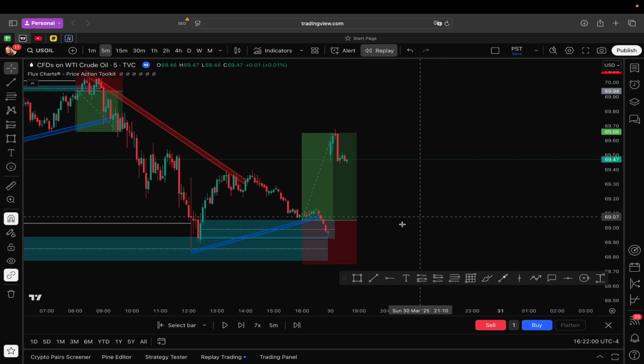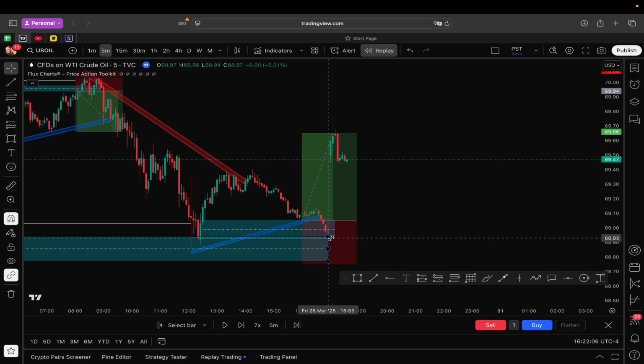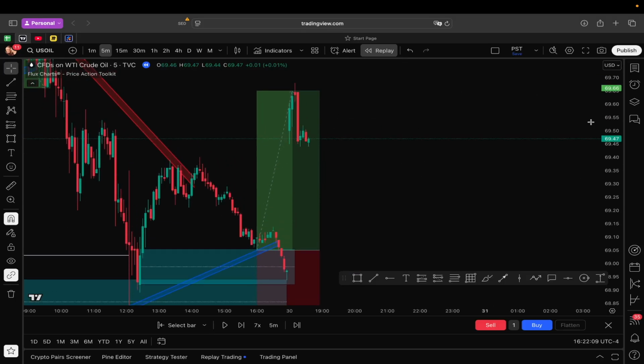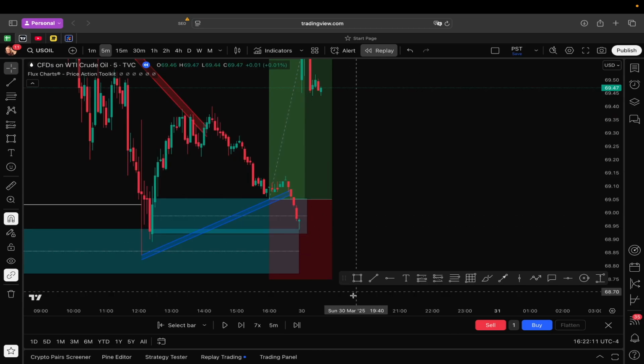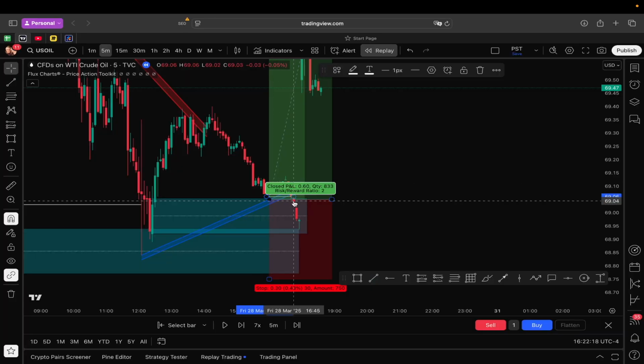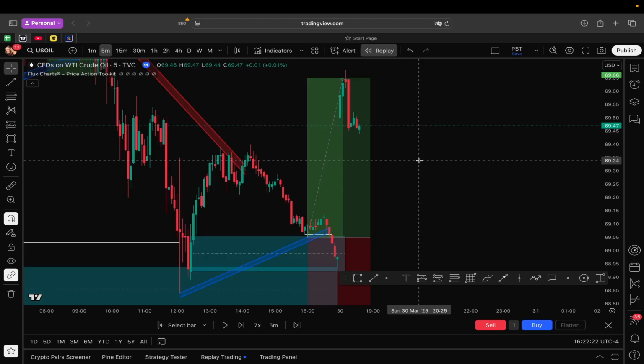And as you can see, we had a nice big push into the previous order block as well. And now on the lower time frame, what happened? We also created liquidity on this order block, was taken out, and then we had that big push up.